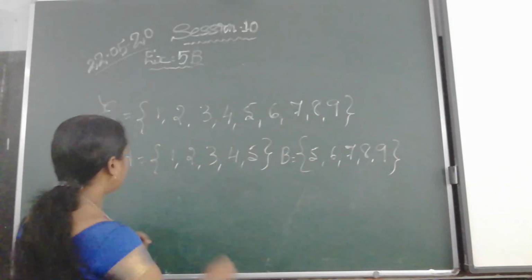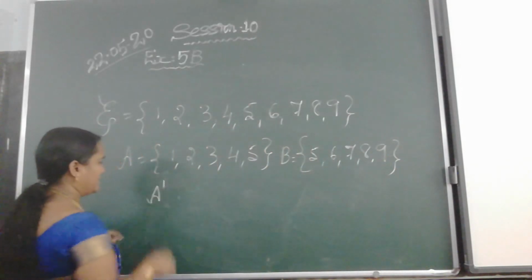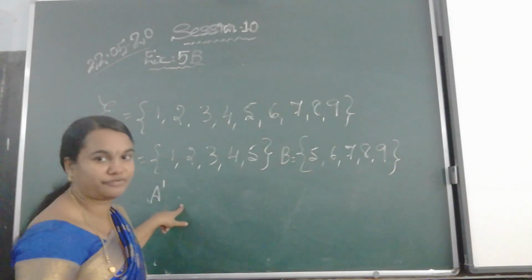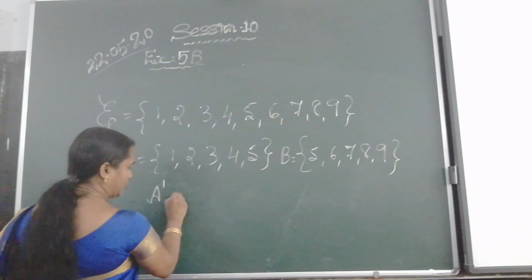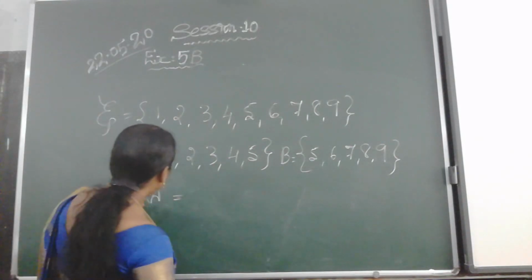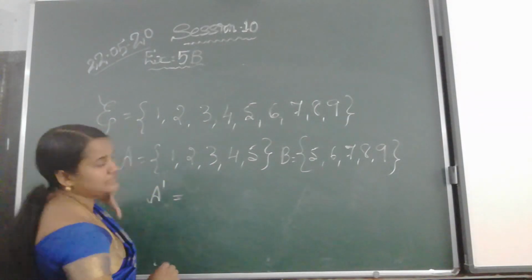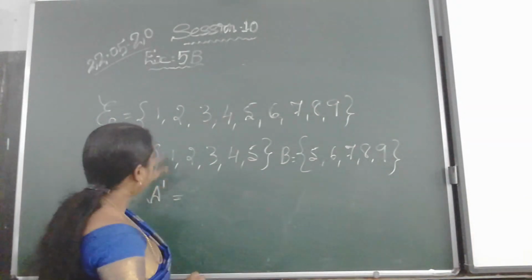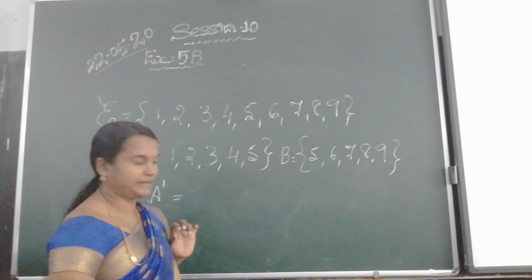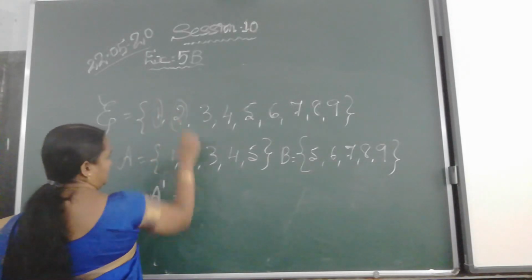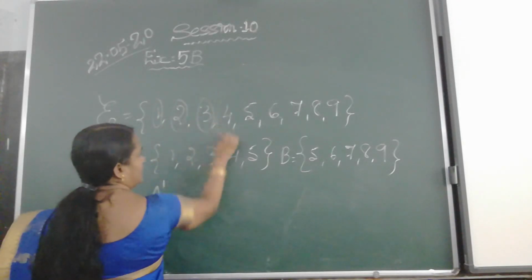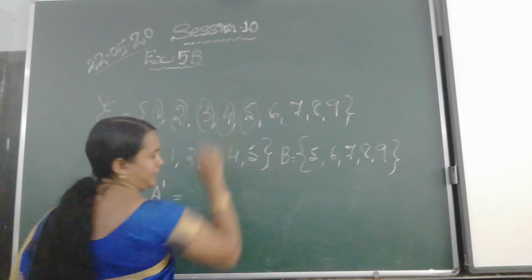If they ask us to find A complement, otherwise called A dash, how will we find it? A complement means we have to compare A and the universal. Which are the common ones? Circle them: 1, 2, 3, 4, 5.